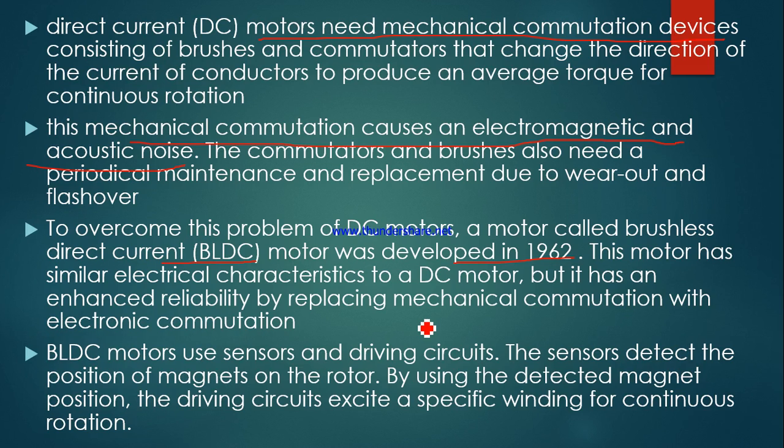Whatever the commutator does, basically changing the current flow through the rotor by a mechanical system, in BLDC is done electrically. When semiconductor switching emerged in the market, by use of IGBT, power transistor, MOSFET, etc., we can do the electrical commutation. That we will learn later.